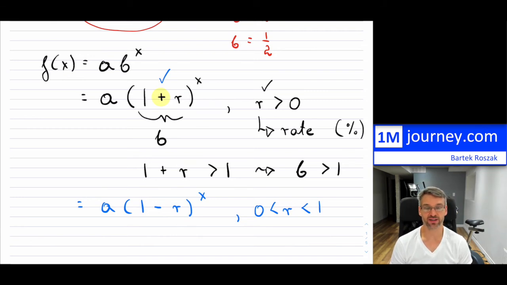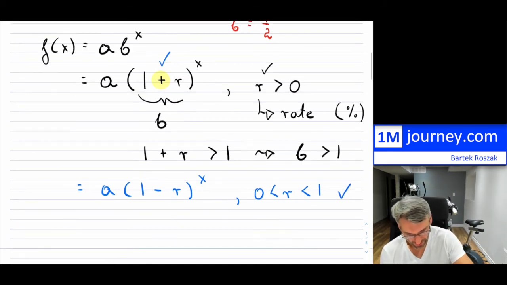Because if it's 0, then we're stuck at just having 1 to the exponent of x. And if r is equal to 1, then it goes 1 minus 1, which is 0, and then it just zeroes off our function, which we don't really want. So this is the second instance.